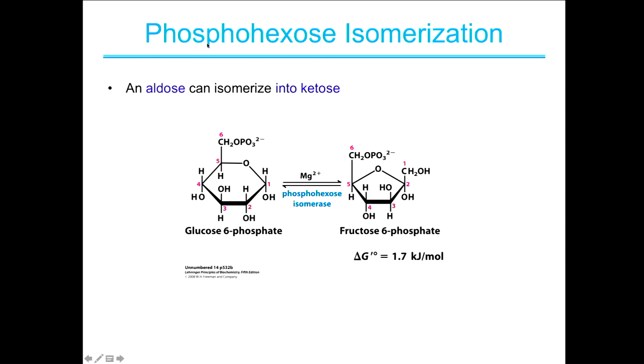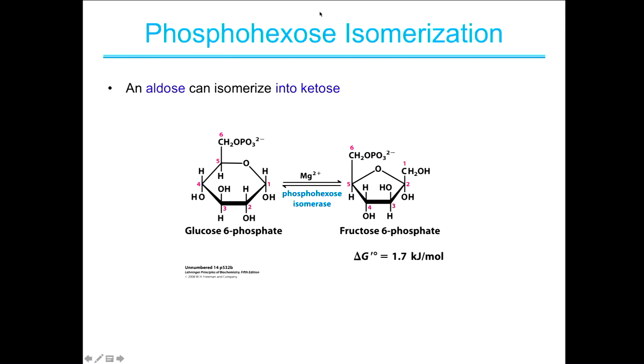What's going on? We have phosphohexose isomerase. I don't see any additions of carbons. I don't see any removals of carbons. That phosphoryl group's just sitting there. We have some shifting of bonds, but we haven't gained or lost any atoms.